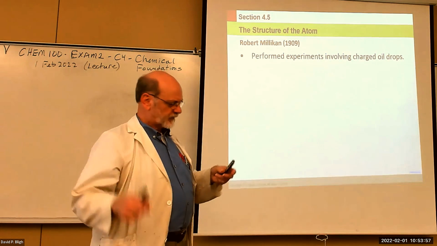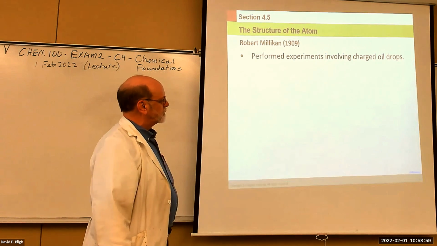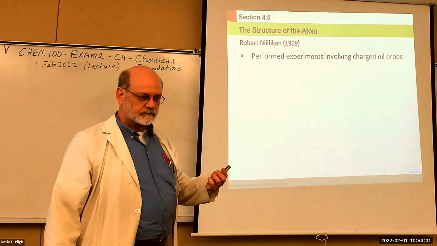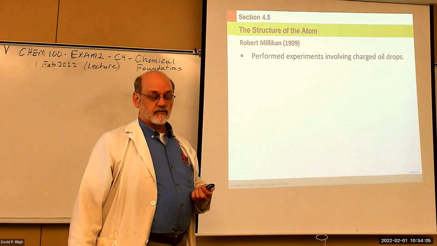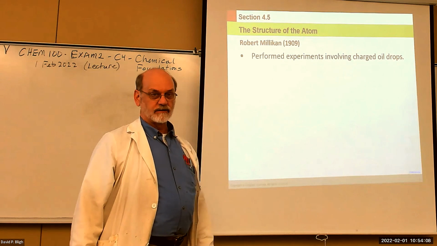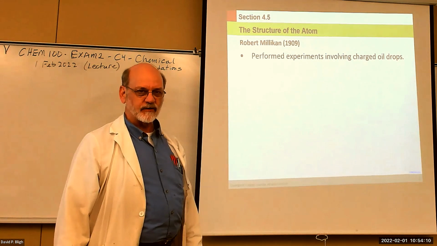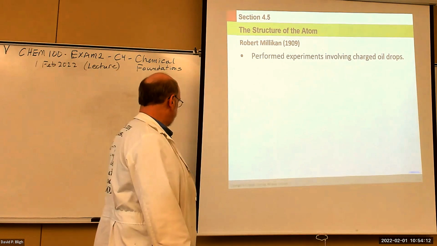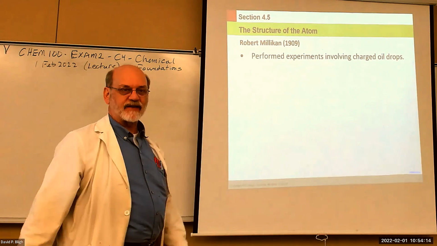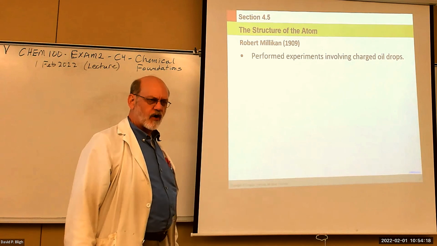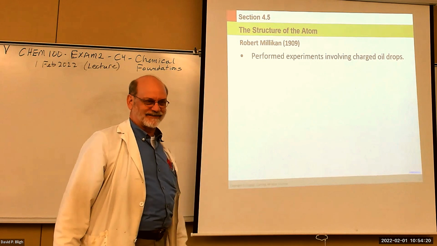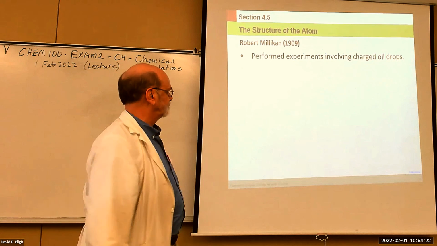And to make a long story short, eventually he calculated the mass of an electron, and it was extremely small. So it had this charge on it, but it was almost no mass at all compared to the atom. So it had the charge, but it had no mass, practically.